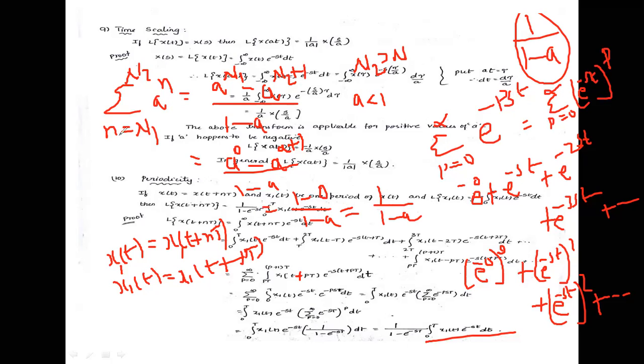So the sum of a power p is multiplied with 1 by 1 minus e power minus st. So for the periodicity property, 1 by 1 minus e power minus st, with a capital T, my students, not the small letter here, is multiplied with the integral from 0 to T, which is nothing but x1 of s, the Laplace transformation.